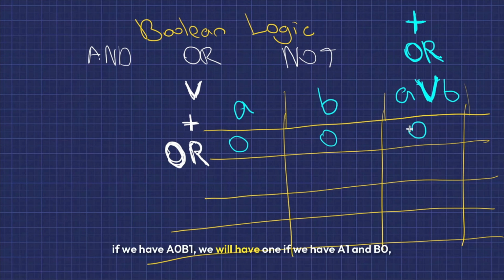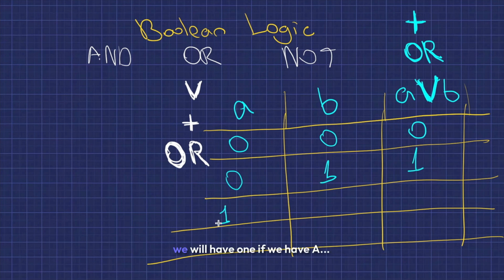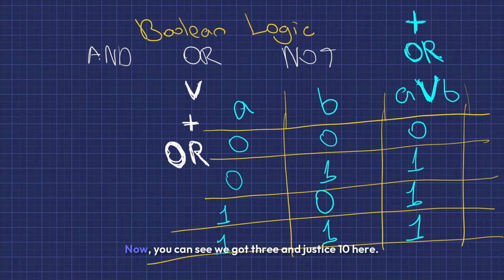If we have A0, B1, we will have 1. If we have A1 and B0, we will have 1. If we have A1, B1, we will have 1 as well. Now you can see we got 3 ones and just 1 zero here.